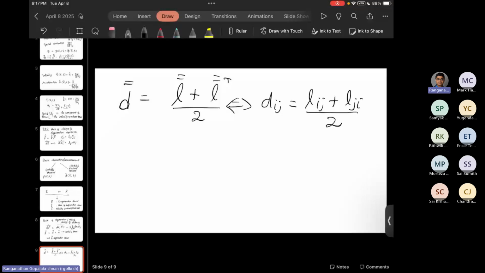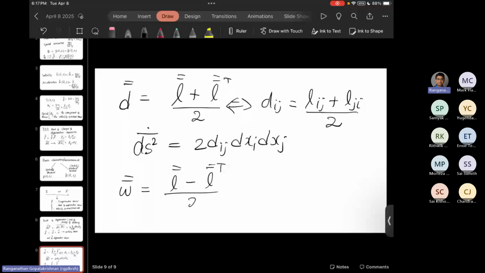So you would get ds squared dot is equal to 2 times Dij dxi dxj, because the antisymmetric part will not contribute to this; we went through this derivation. And the other tensor W is defined as L minus L transpose divided by 2, which will be Wij equals Lij minus Lji divided by 2, which makes this an antisymmetric tensor.